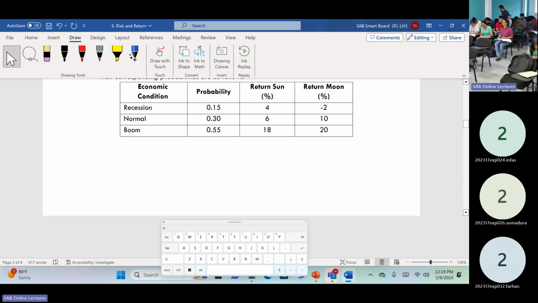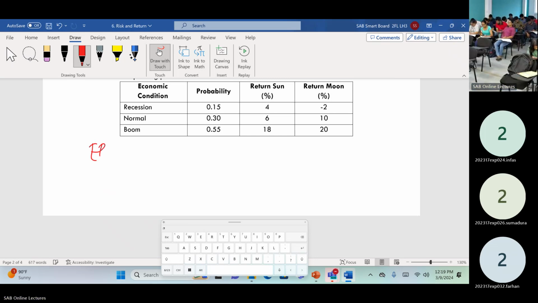You can calculate the expected return for Sun. The expected return of Sun is equal to, you know the formula, the forecasted return under the recession times its probability, plus the forecasted return under the normal economy, 6, times its probability, plus the forecasted return under the boom, 18%, times its probability. So this is the expected return of Sun. In the same way you can calculate the expected return for Moon.